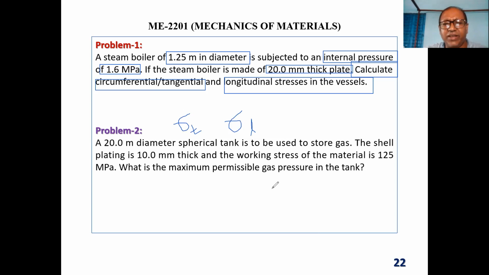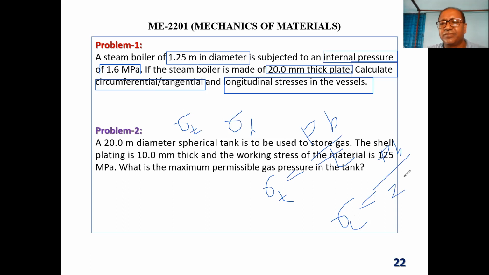So what is sigma T? Sigma T equals PR divided by T. And sigma L equals PR by 2T.